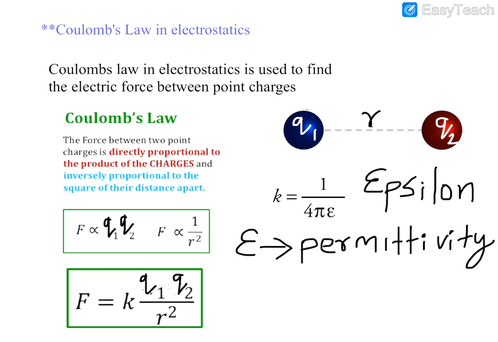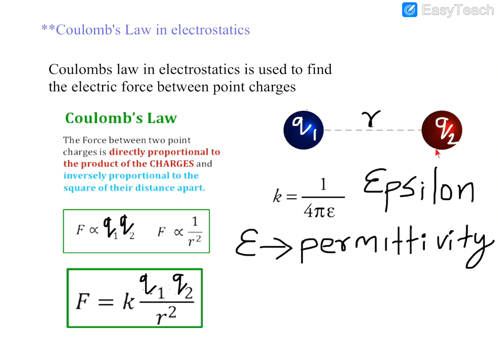So F is proportional to Q1 Q2 and inversely proportional to 1 by R square. If you change this proportionality to an equality, you need to multiply with a constant K, and that K is given by 1 by 4 pi epsilon, where epsilon is called permittivity. This permittivity is different for different media.